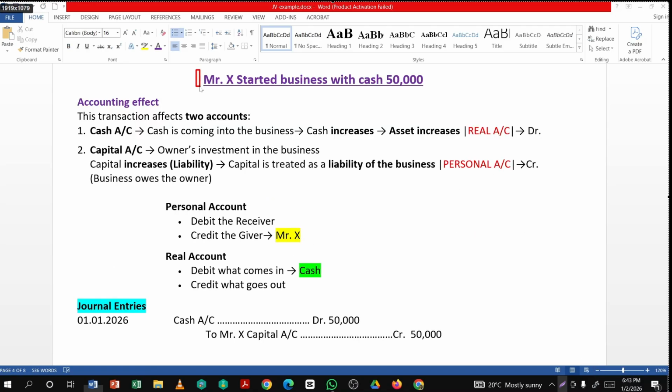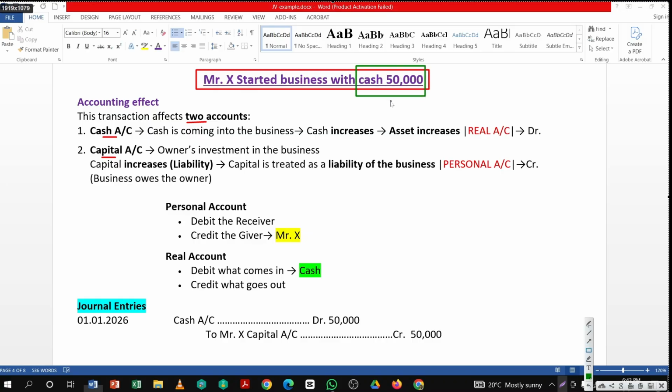First entry, Mr. X started business with cash 50,000 taka. This transaction affects two accounts. One is cash account and another is capital account. 50,000 taka cash is coming into the business, and Mr. X is a person who invests 50,000 taka in the business.